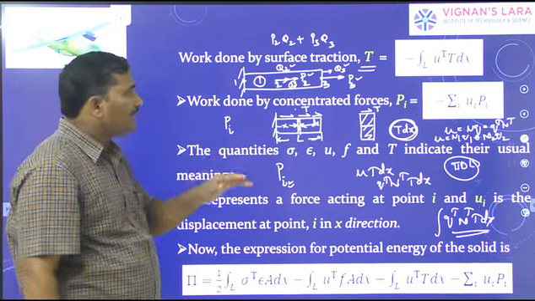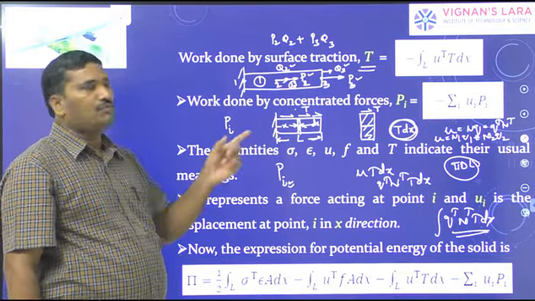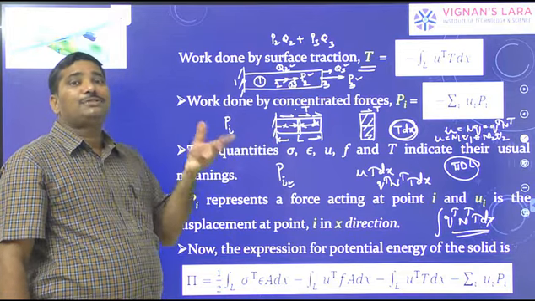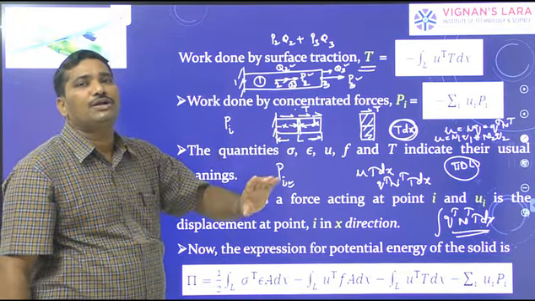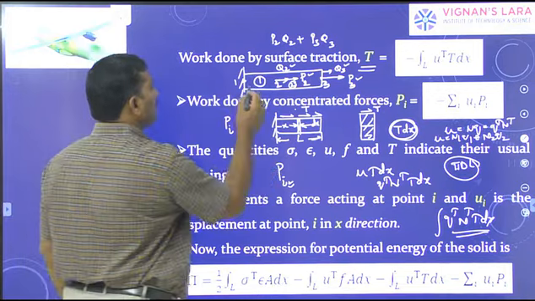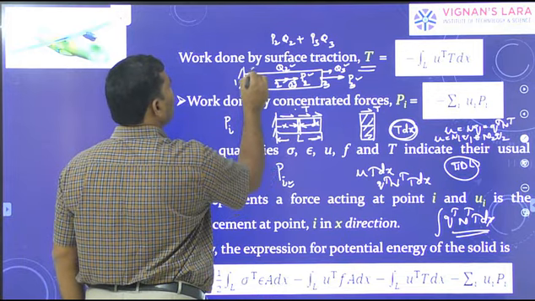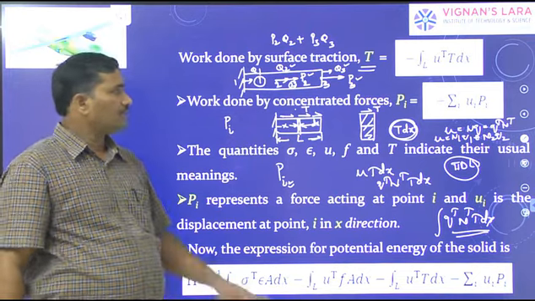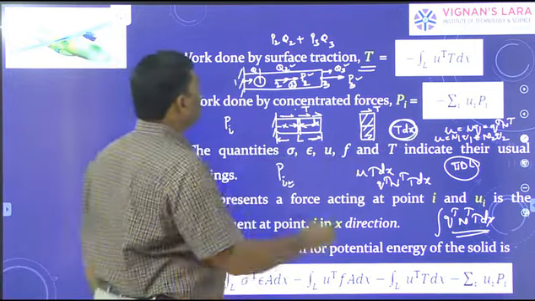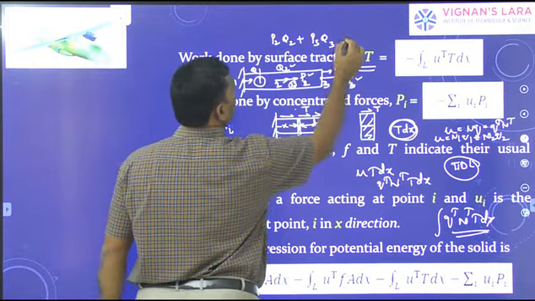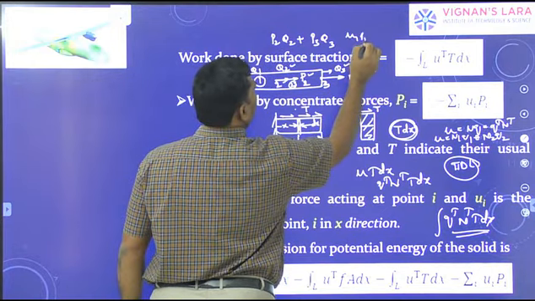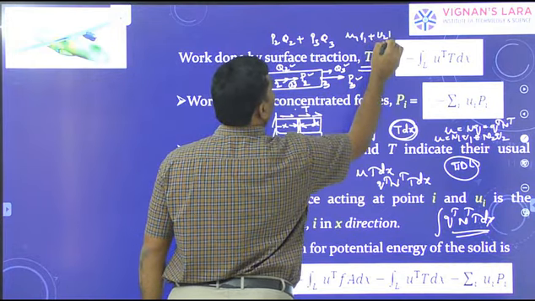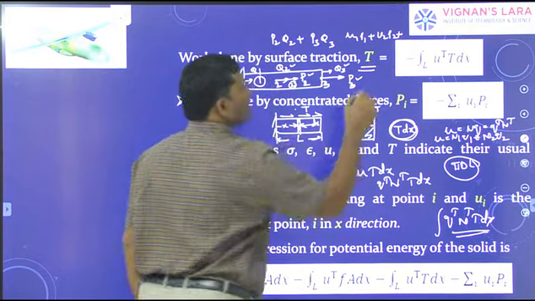Okay. If I take i equal to 1, then what does U1 represent? The displacement of the first node, which is simply Q1. That is what we have to understand. Okay. When you expand this, you get U1 P1 plus U2 P2 plus U3 P3 and so on.